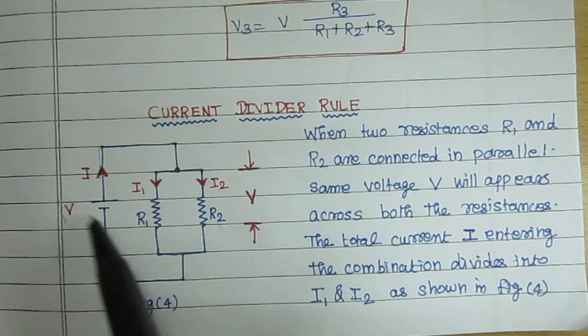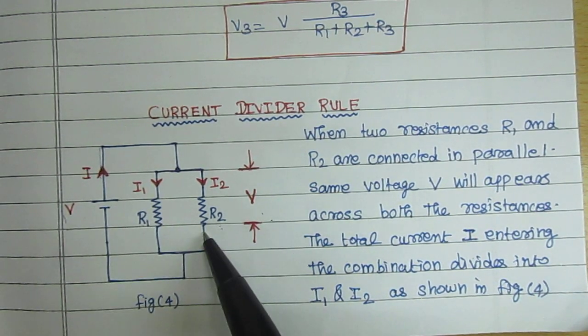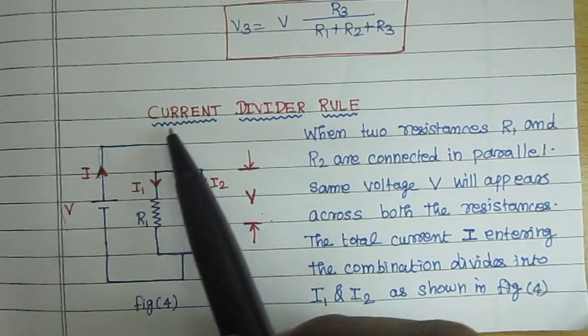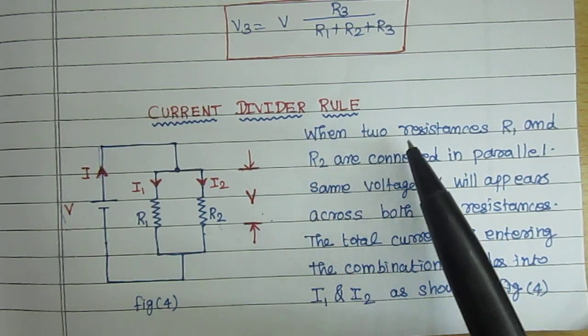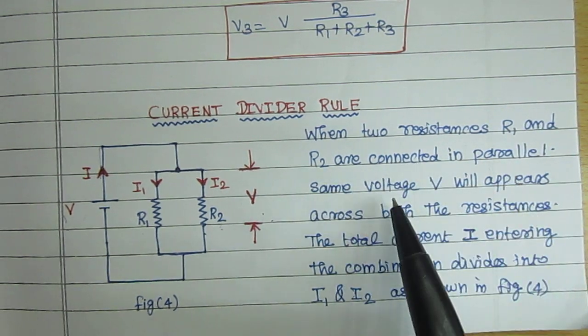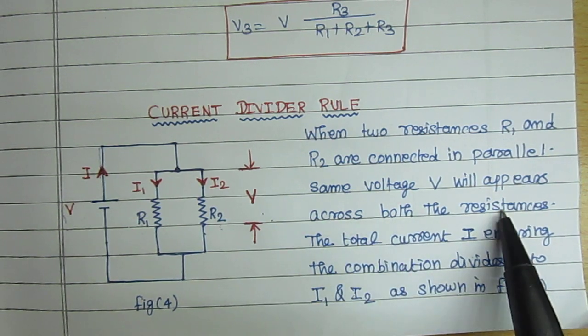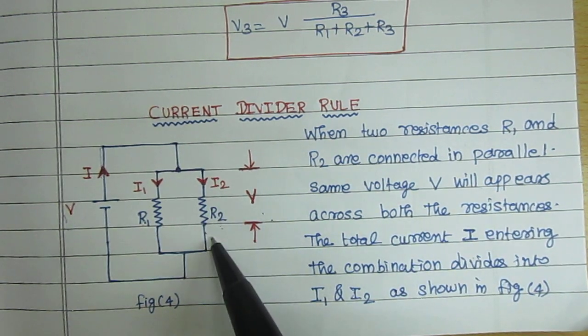The total voltage remains constant, because we already discussed that in a parallel circuit the voltage remains constant and the current divides. When two resistors R1 and R2 are connected in parallel, the same voltage appears across both resistances.